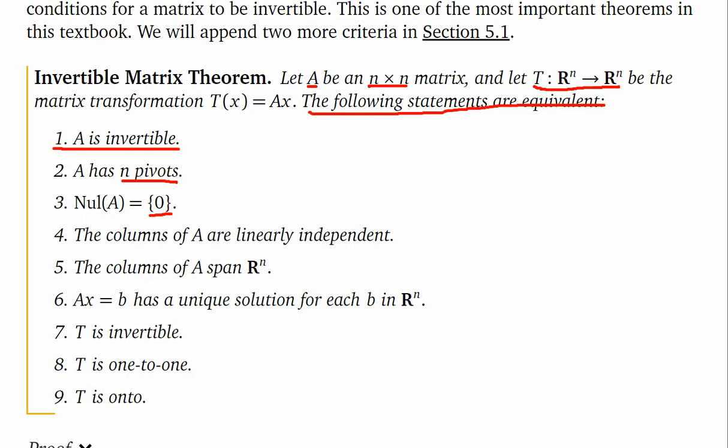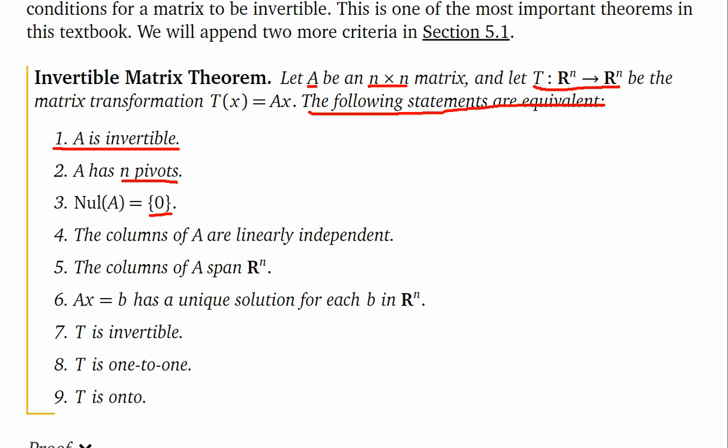So remember, the null space is all possible solutions to the homogeneous equation, which is A times the vector x equals the zero vector. And if the zero vector is the only thing in the null space, right, if the only thing that x can be to make this system of equations true is the zero vector, then I know that the matrix A is invertible.